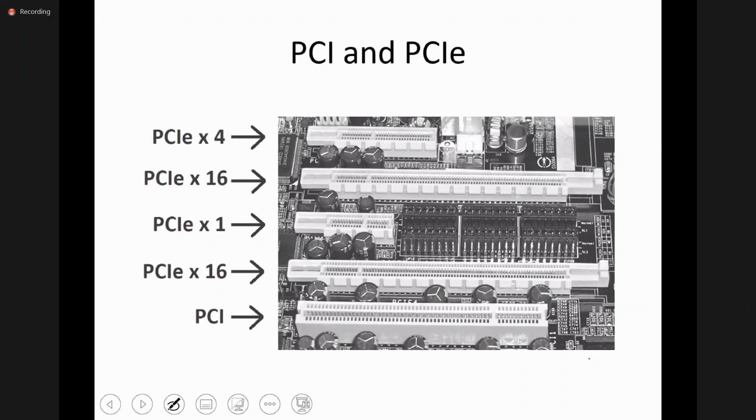To keep them understood, in the motherboard you will find those PCIs. الشكل هذا PCI، هذا القديم. هذا الآن خاص بالرام. PCI 16, this is for RAM and or other cards. بعد بدأ التطوير PCI Express في بالشكل هذا وفي بالشكل هذا، ممكن يأتي شكل آخر.